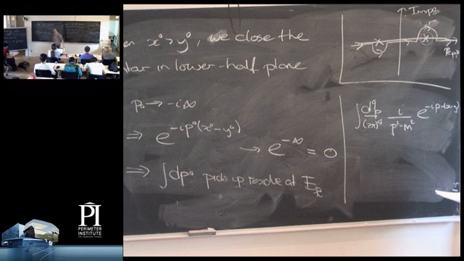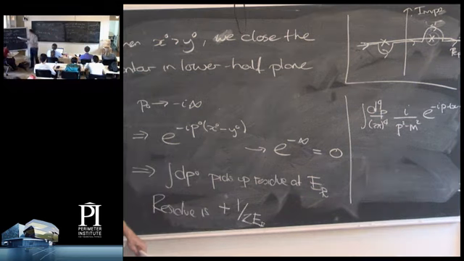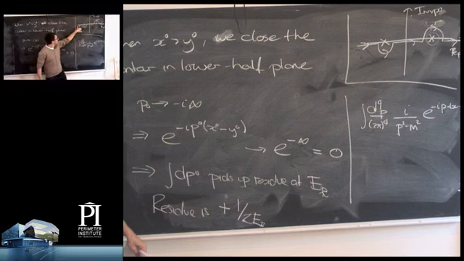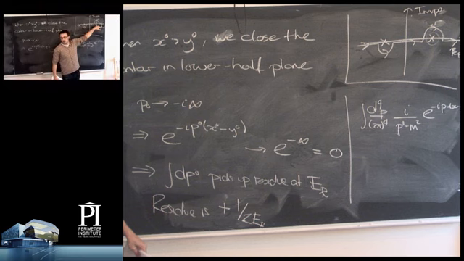Why does it matter how far down you close the contour? Because the theorem you've written here says it doesn't matter where. That's right. The reason it matters is that what I actually want is just this contour here. What I'm saying is that this contour plus this contour is equal to whatever I find inside, which is the pole.